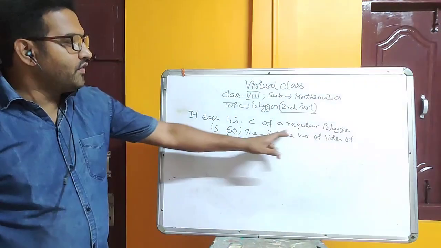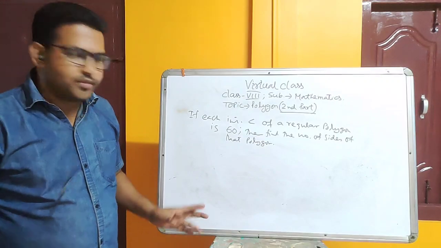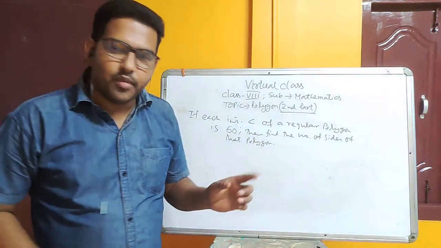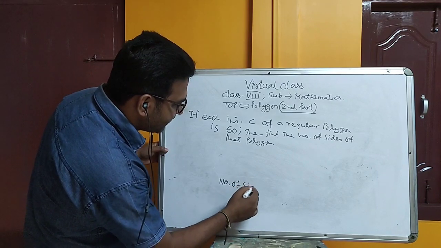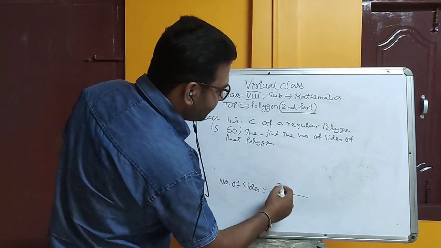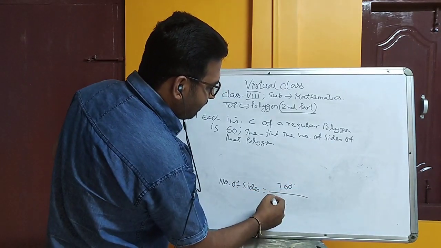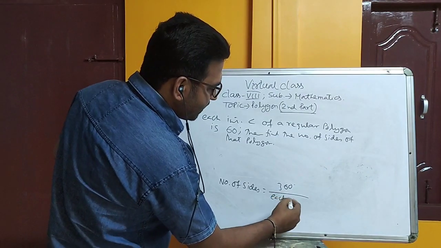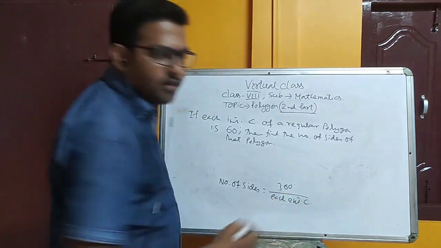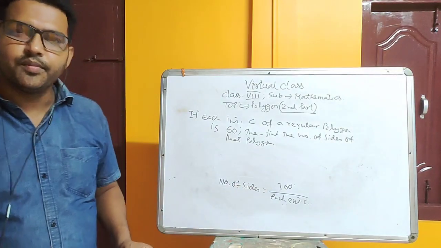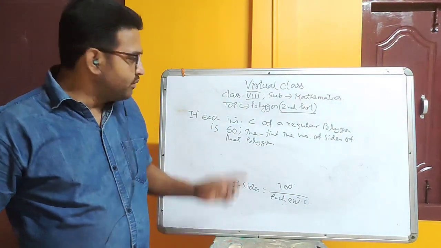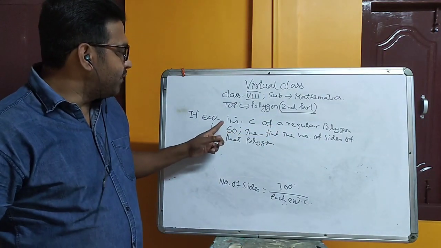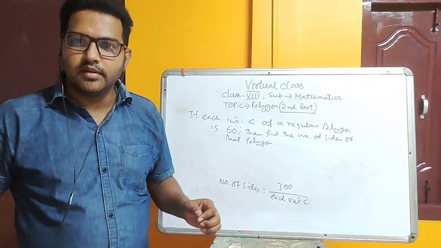Each interior angle of a regular polygon is given, but we know the formula of finding number of sides is equal to 360 degree by each exterior angle. Okay, that is the formula we know, 360 by each exterior angle. But we are having the measure of each interior angle.